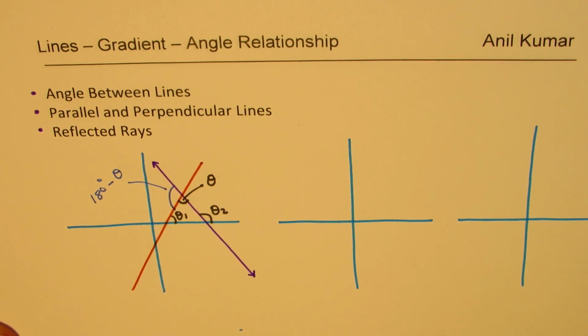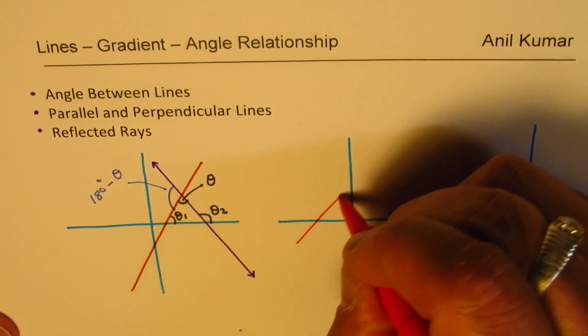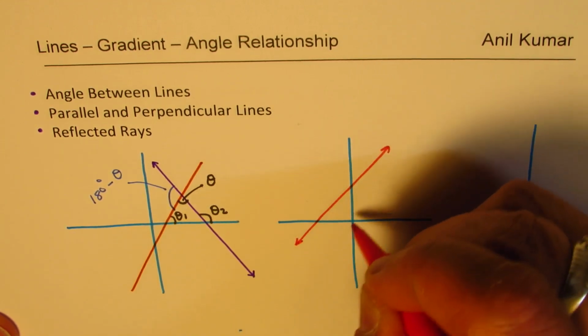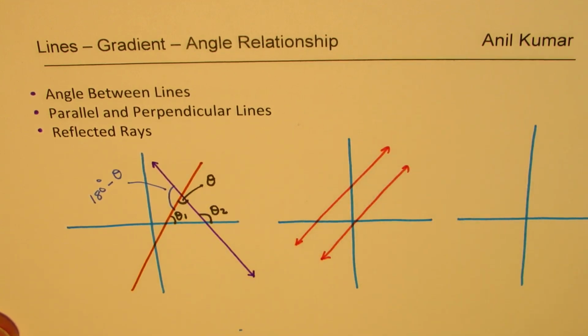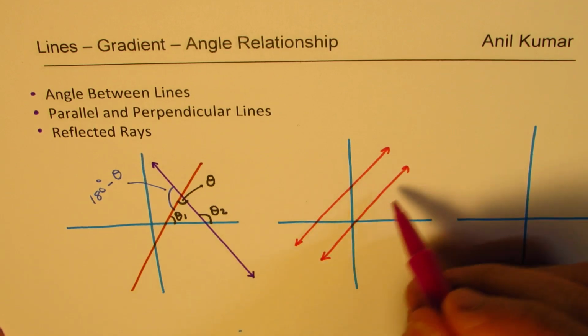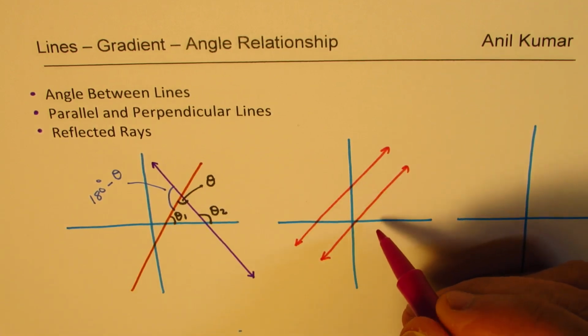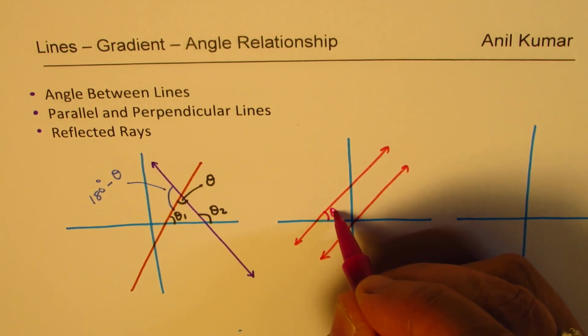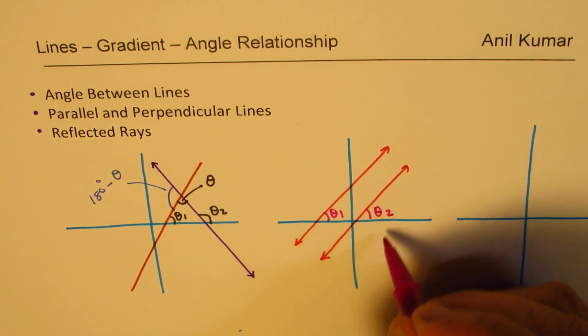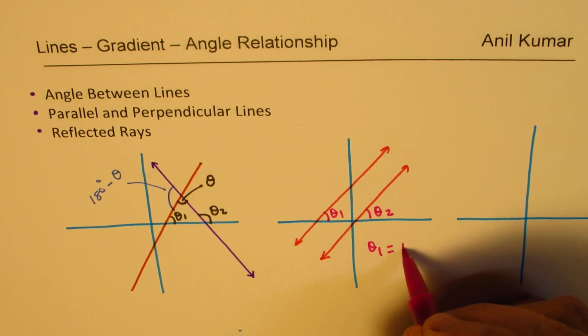Now when we say parallel and perpendicular lines, these are the parallel lines, correct? So they will never intersect. The angles between them, well, when we try to figure it out, since they are same, let's say this is theta 1, this is theta 2, we'll say theta 1 equals theta 2.